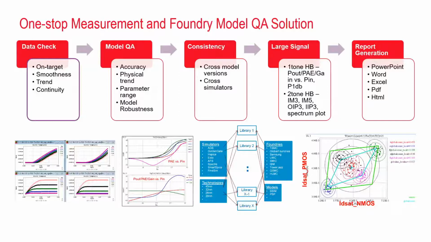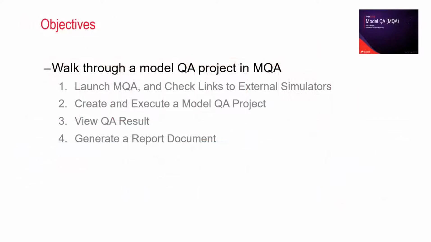Yet it's fully customizable and easy to use. With proper configuration, it makes sure a fully validated model library from day one all the way to our release date. Let's walk through the following 4 steps to see how MQA runs for model QA and report generation.